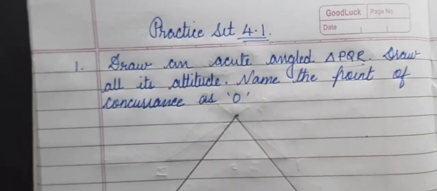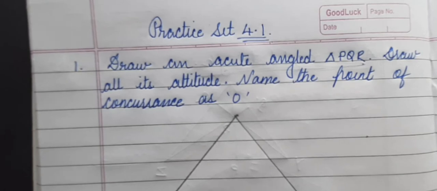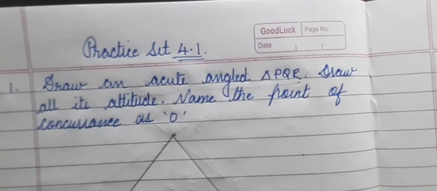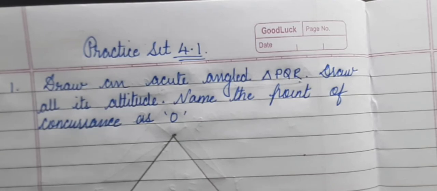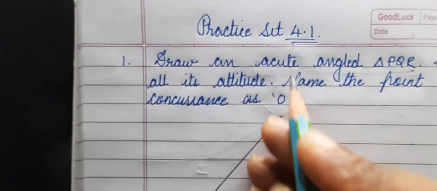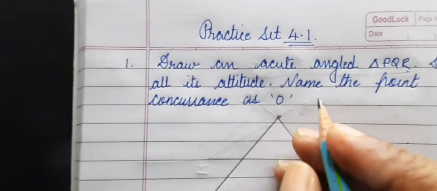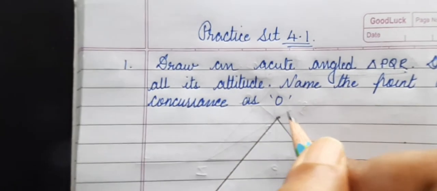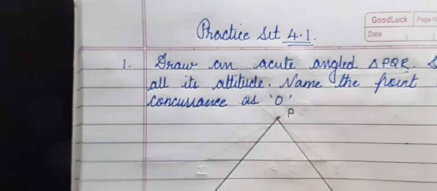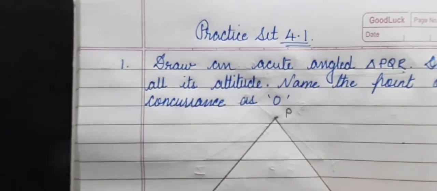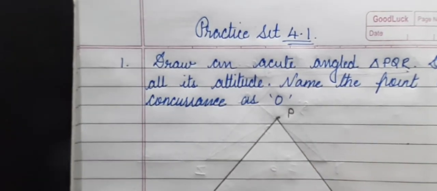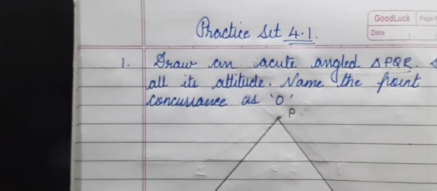So here we have to use the set square, right? So first I'll name the triangle. The triangle is PQR. Here it is P, Q and R. Fine. Now what I'll be doing?